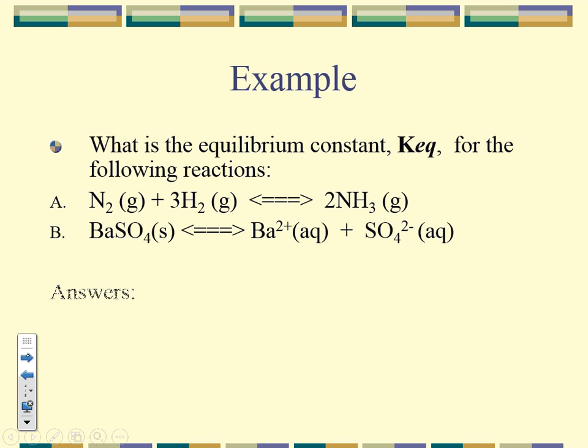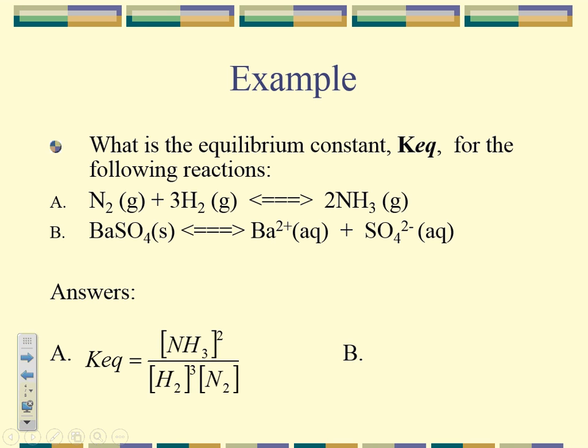For reaction number one, the equilibrium constant would look like this. All aspects of the reaction are included because all states of matter are applicable with the rules of equilibrium constants. So the concentration of ammonia raised to the second power over the concentrations of hydrogen and nitrogen. And hydrogen would be raised to the third power because the coefficient in front of hydrogen is a 3.